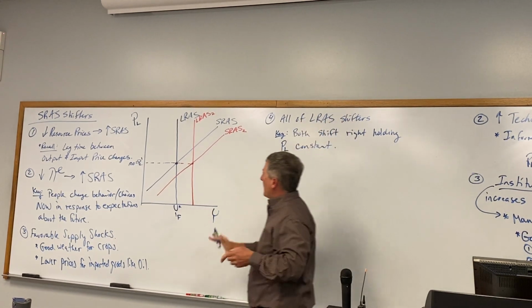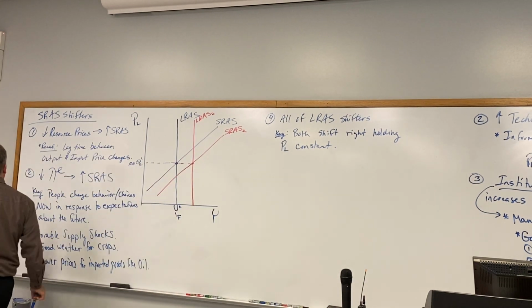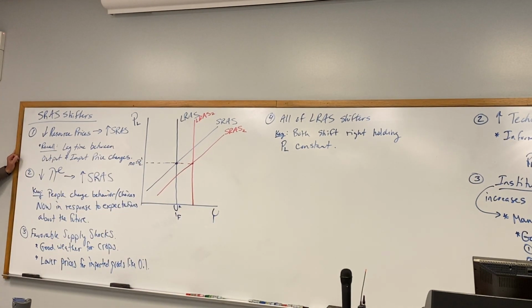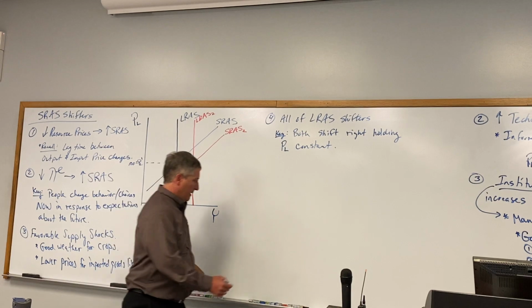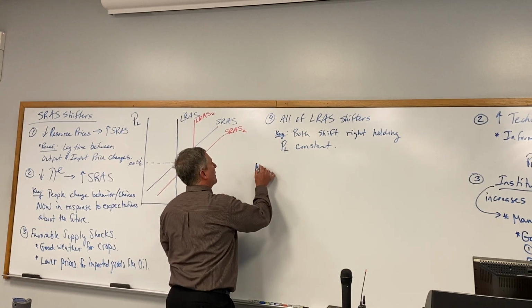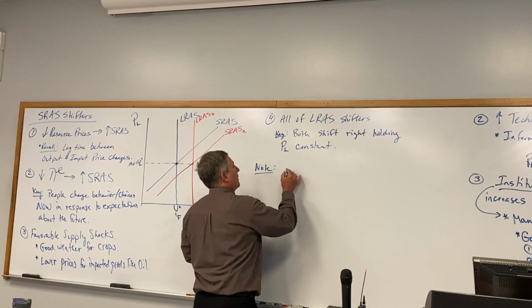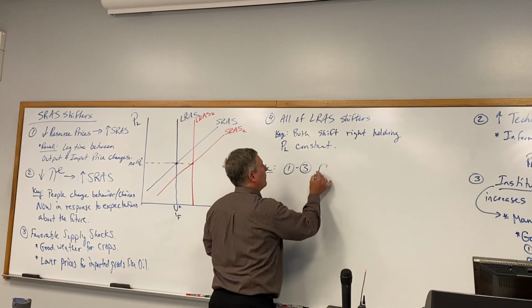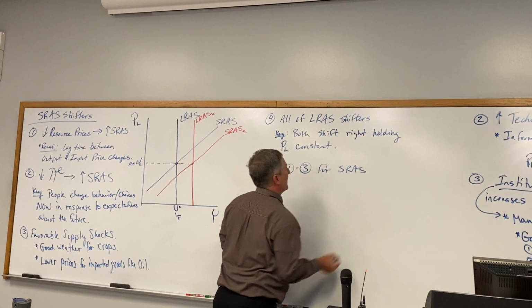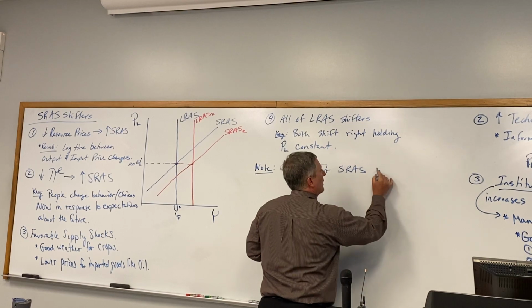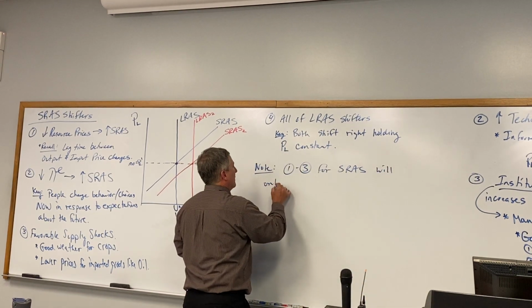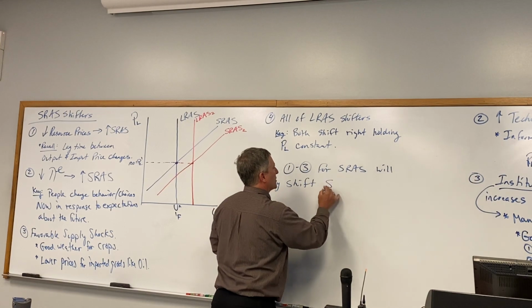Under number 4 only, when both of them shift. One through 3 are all unique to just the short run aggregate supply curve shift. So note 1 through 3 for the short run aggregate supply will only shift the short run aggregate supply.